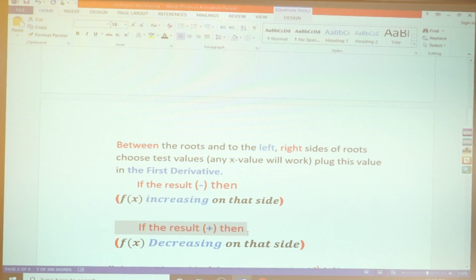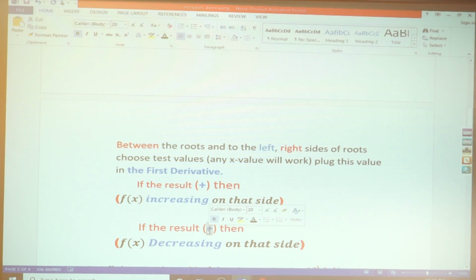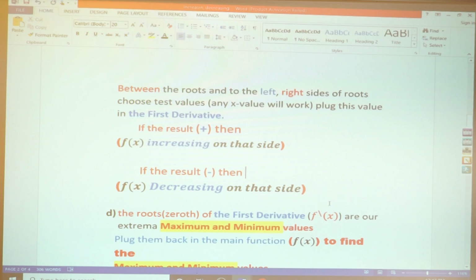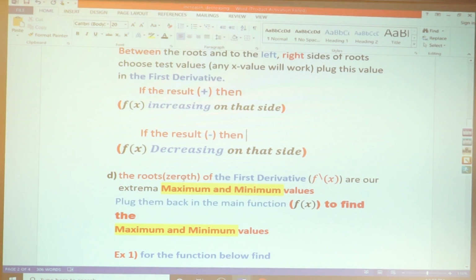If the result is negative, then it is decreasing. The roots, the zeros of the first derivative f prime, give our extreme points, the maximum and minimum points, and also the critical points.